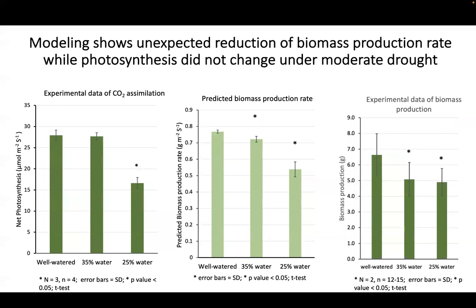And then we are trying to use the modeling to show what is going on in the plant metabolism. If you look at the figures in the middle, our model predicts that the biomass production rate begins to show a significant difference at 35% water compared to the well water group, even though in the 35% water condition, the photosynthesis rate does not show a significant difference from the well water group.